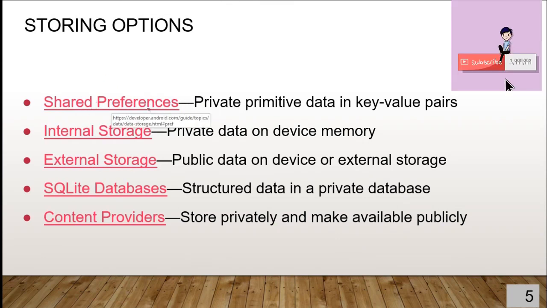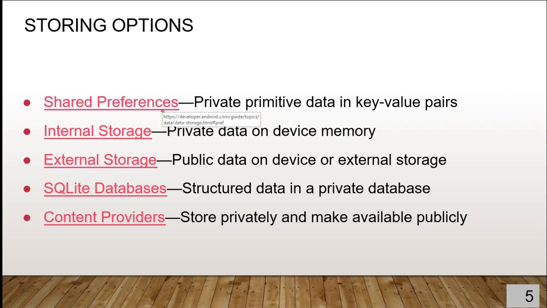The first one is shared preferences, which I've discussed in the previous tutorials, where you can store your data in key value pairs. You can save the data to the shared preference storage by giving it a key, and when you want to get that data from the shared preference storage, you must provide the key in order to obtain that data.